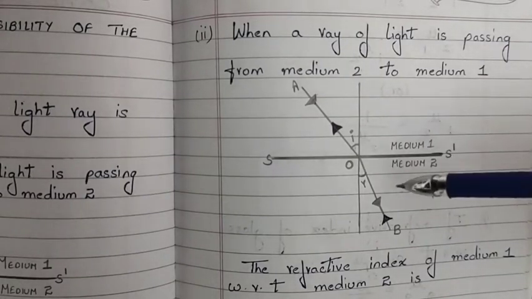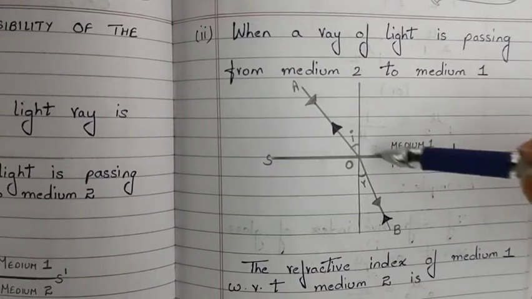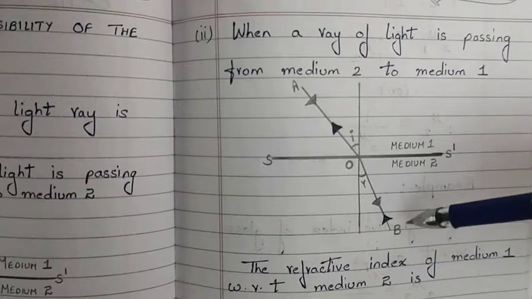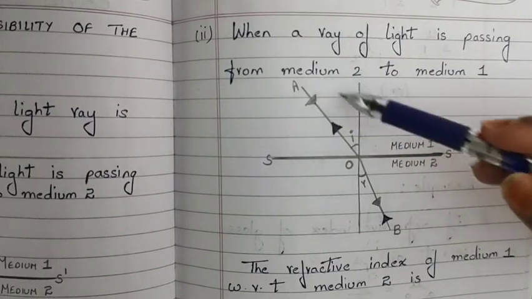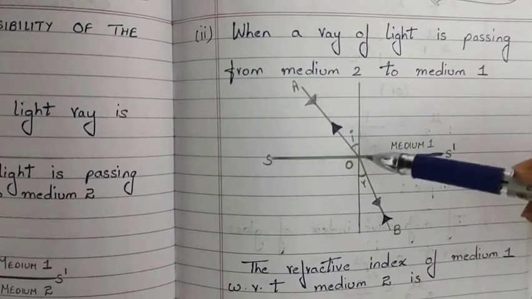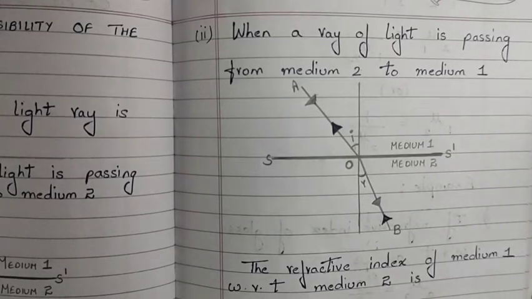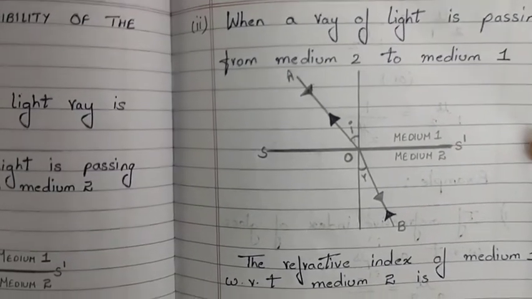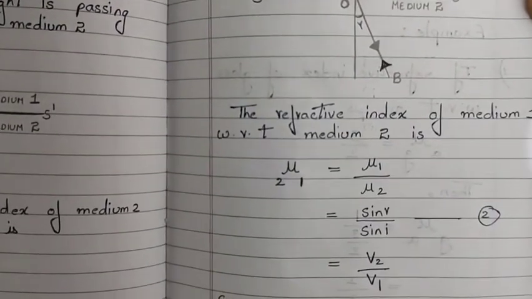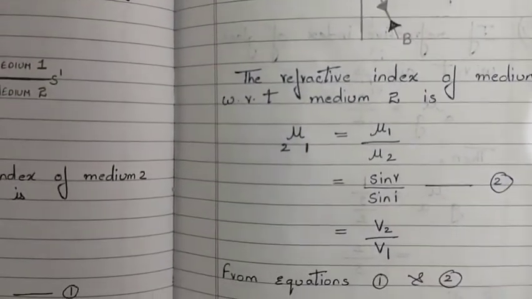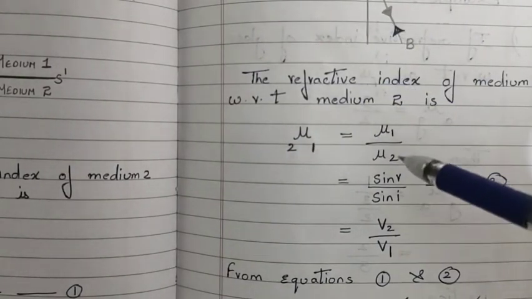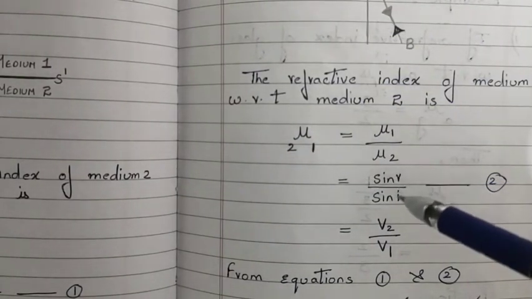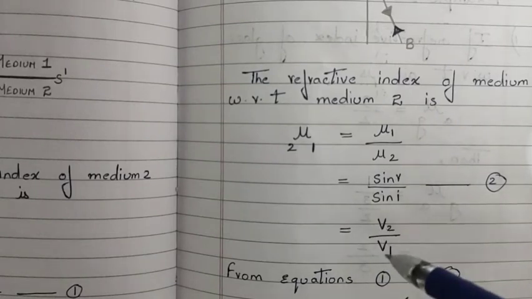So in medium 2 this ray is considered as incident, and in medium 1, OA is considered as the refracted ray. Now, the refractive index of medium 1 with respect to medium 2 is mu21, equal to mu1 by mu2, equal to sin r by sin i, equal to v2 by v1.